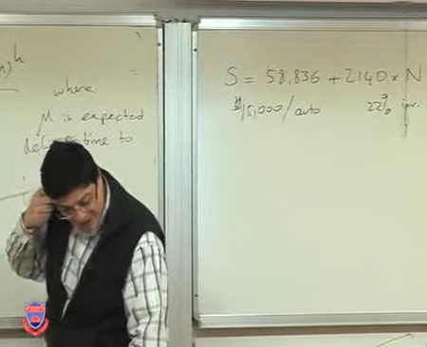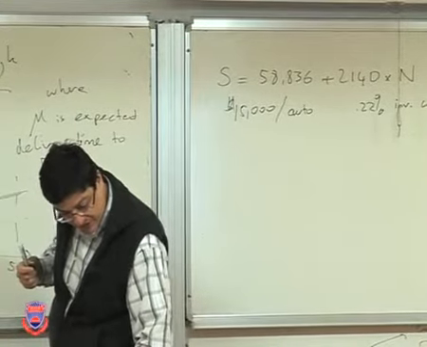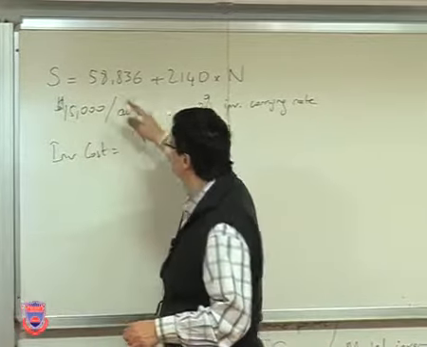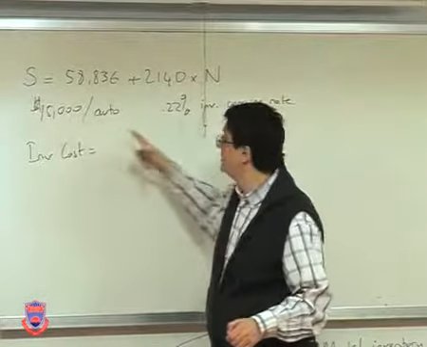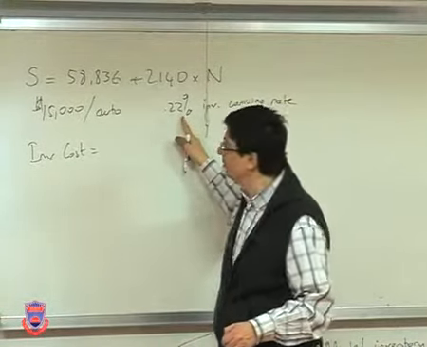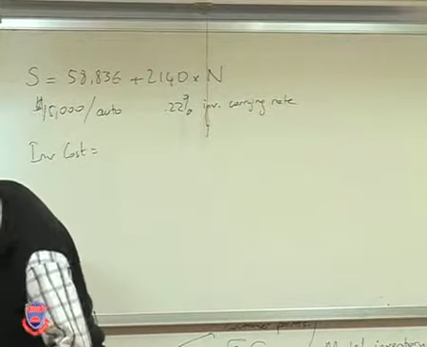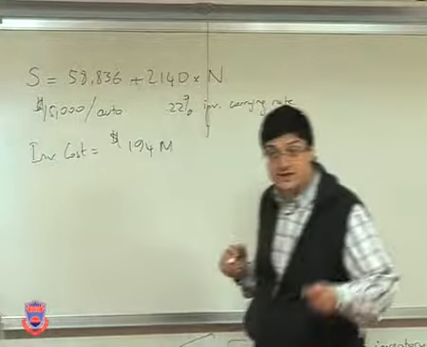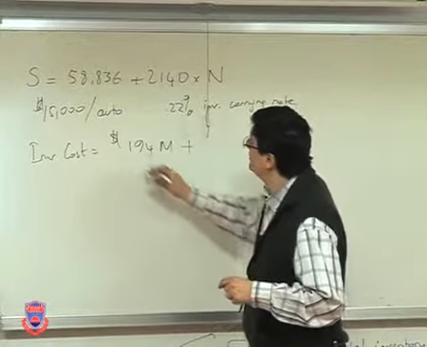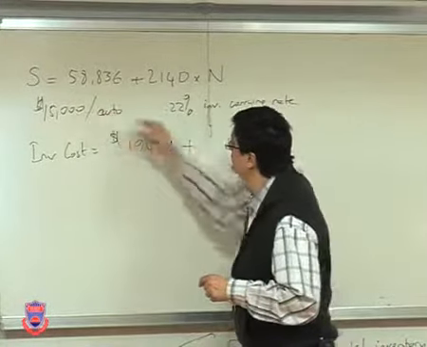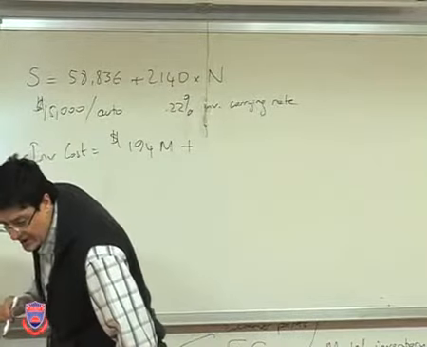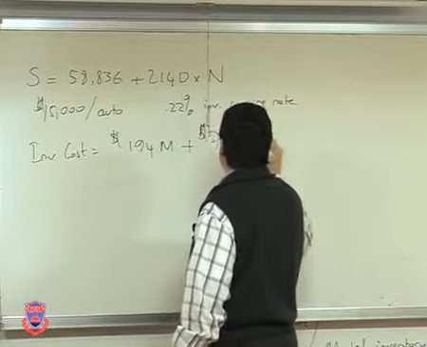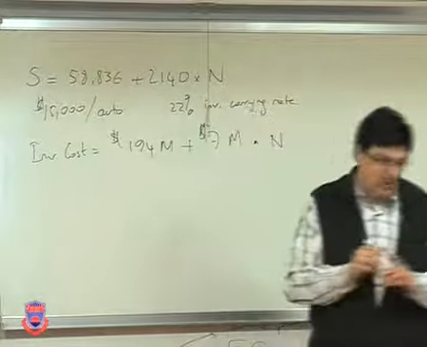Okay, and so then what we have is the total inventory cost, which is going to be this number times 15,000 times 0.22, and this is going to be a number like $194 million of inventory carrying cost, plus then I'm going to have this times 15,000 times 0.22, and that part is going to be approximately $7 million times N. Now, what does this mean?